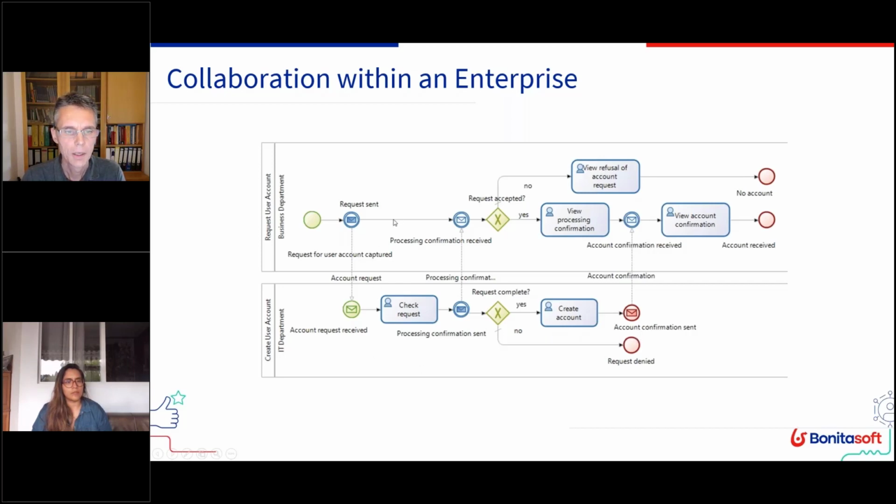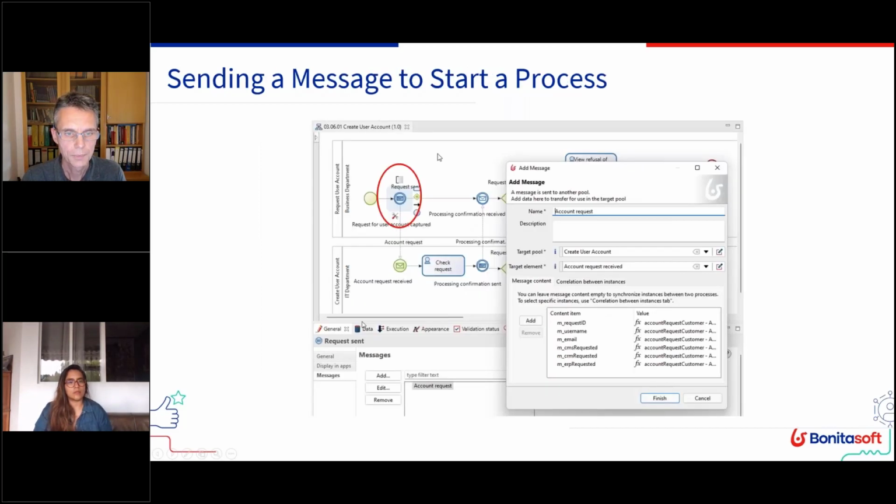When the business department has created an account request, it sends this message to the start message event of the IT department's process, so that a new instance of this process is created.